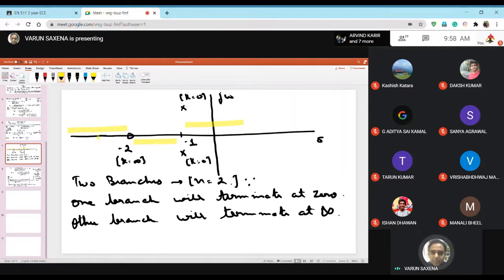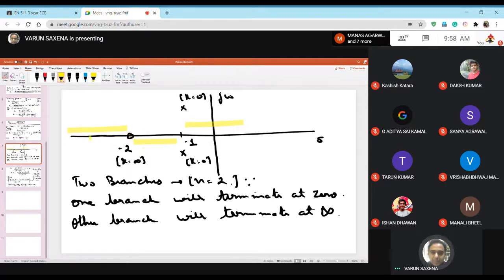If you look at this region to the left of -2, how many poles and zeros lie to the right of this region? There is just 1, right? And 1 is odd.